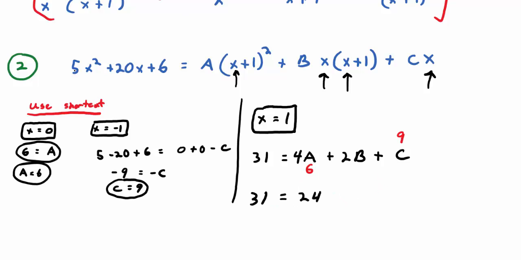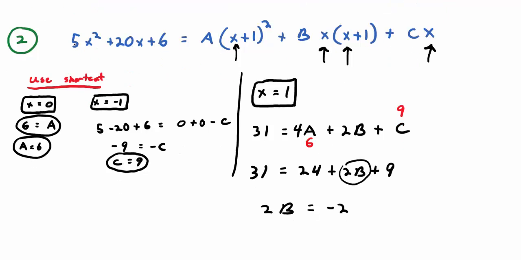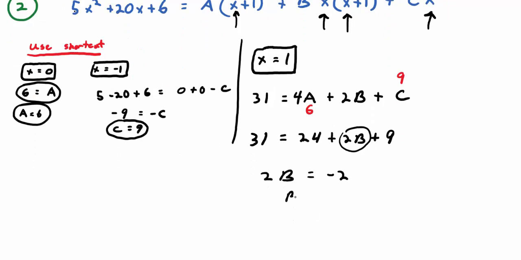So plus 2b plus 9. Okay. So then what do I get? I get 2b. If I turn it around, I'm going to leave 2b and then, okay, 20. What's 24 plus 9? 33. Subtract 33. Negative 2. So I get b is equal to negative 1.